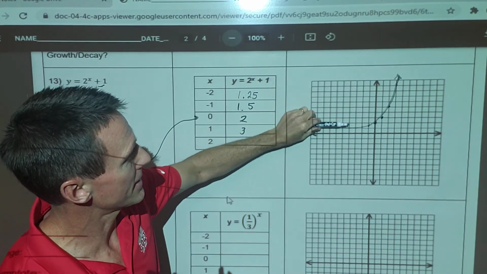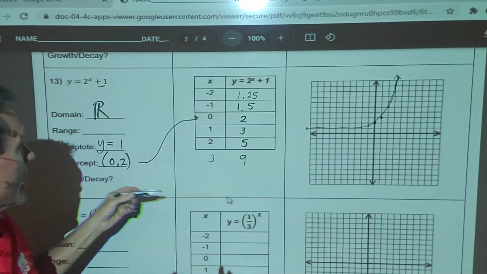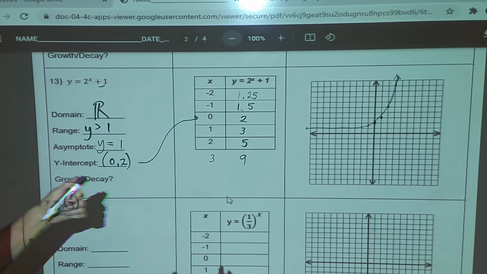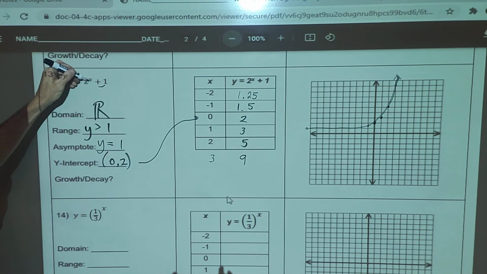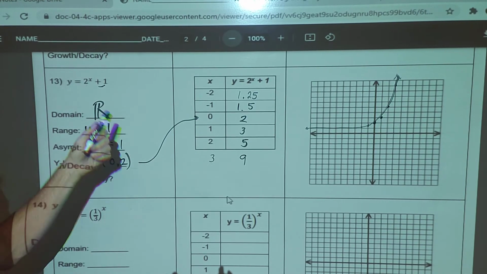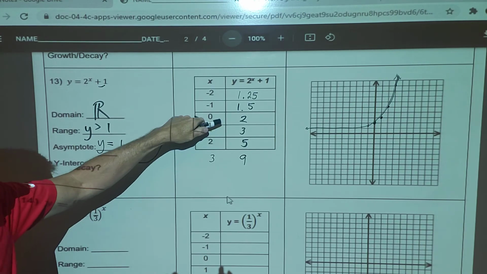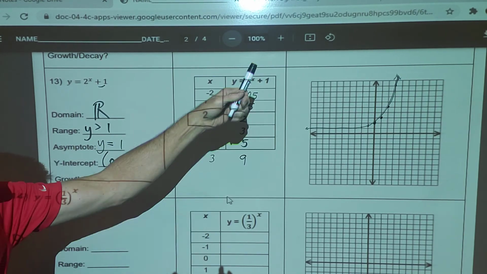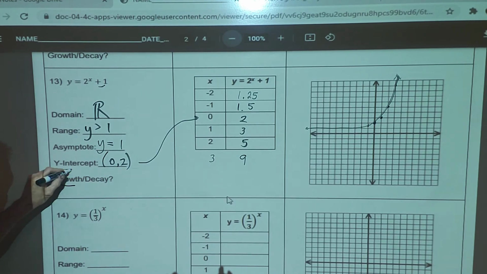Everything on the graph is above that line. So y is going to be greater than the line for our asymptote. And again, you can look here, that number will tell you it's larger than 1, it's growth. But as you look here, as we go up, our numbers get larger. This would be growth.